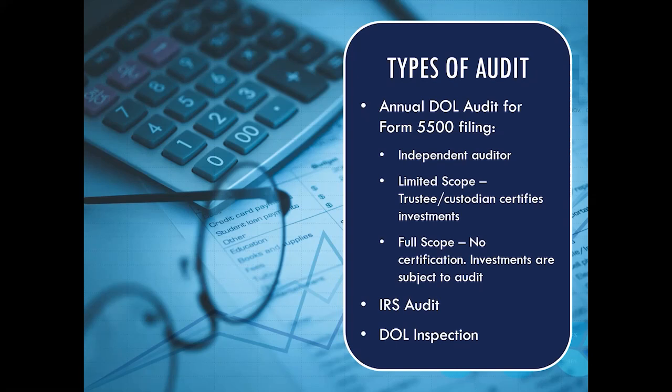The terminology behind these limited scope audits will be changing here in a few years. So that terminology, limited scope, will go away and now will be referred to as ERISA Section 103(a)(3)(C) audits, based on a new auditing standard that was approved in late 2018.